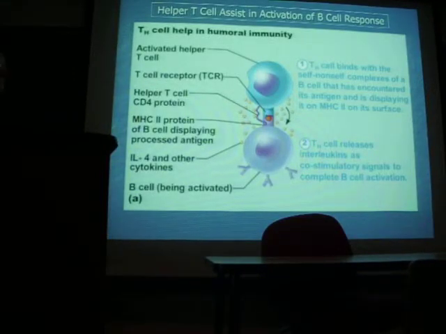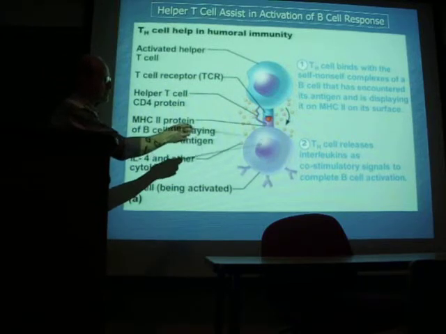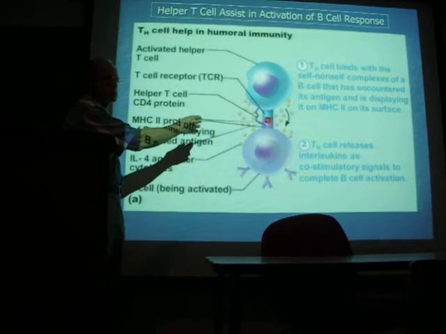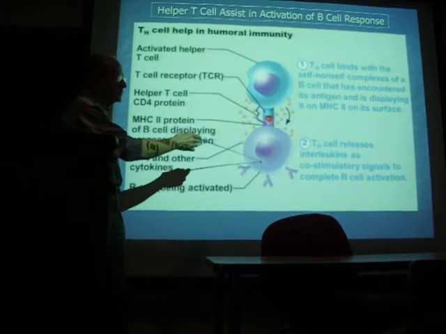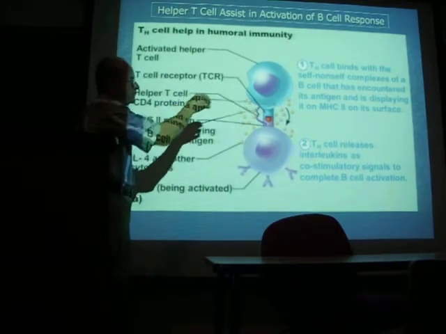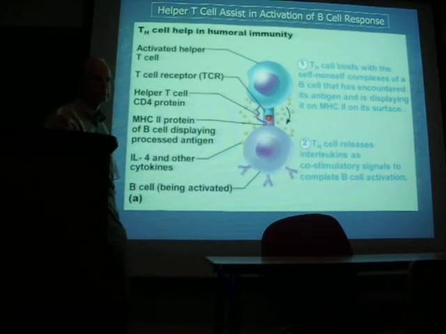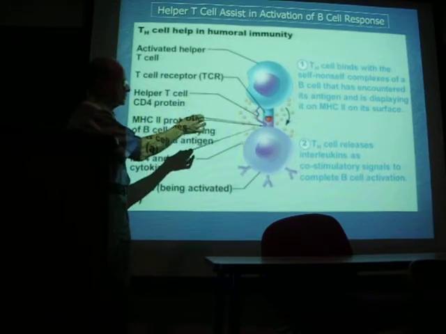Now here is another example of what I showed you just a while ago of how helper T cells are necessary for activation of lymphocytes. Here's a lymphocyte that has contacted the antigen it's specific for. But before it can become fully activated, it has to have the assistance of a helper T cell. This helper T cell bonds to it.